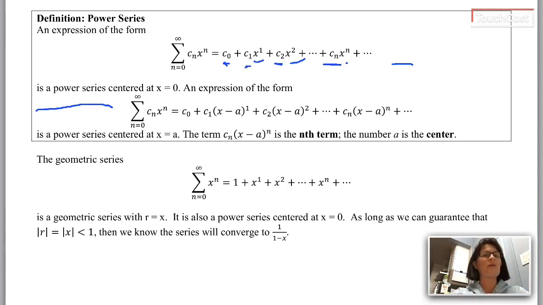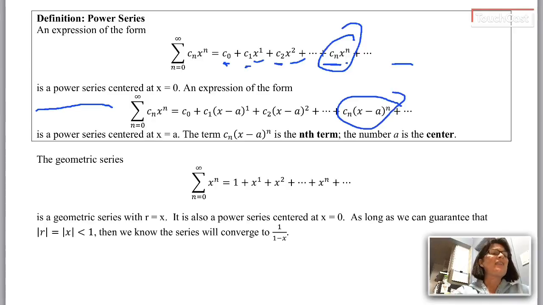Okay, so that second one is called a power series centered at x equals a. This, for example, is the nth term of a power series centered at 0. This is the nth term of a power series centered at a. And the number a, we call the center.